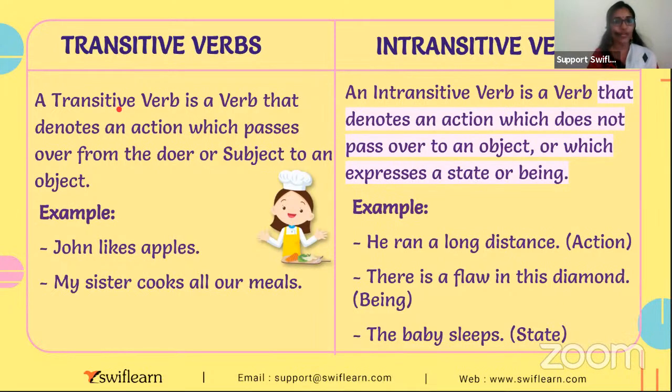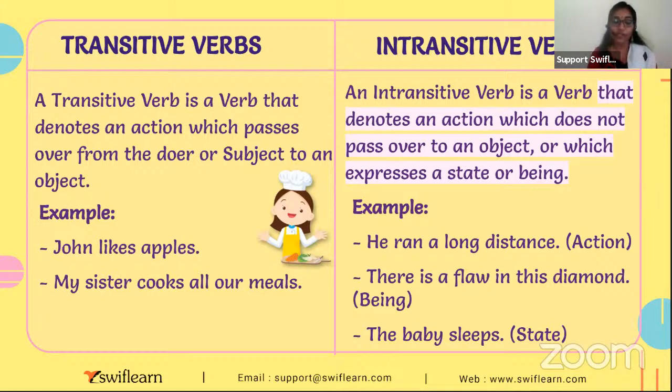A transitive verb is a verb that denotes an action which passes over from the doer, a subject, to an object. Usually in a sentence, we have a subject, a verb, an action, and also an object. The action which passes from subject to the object is called the transitive verb.